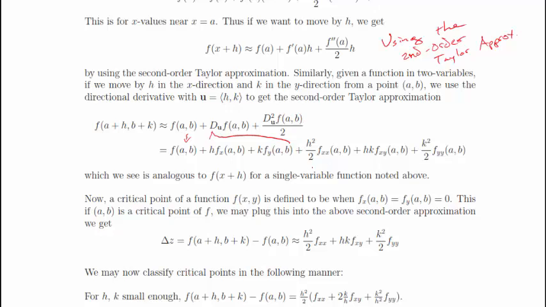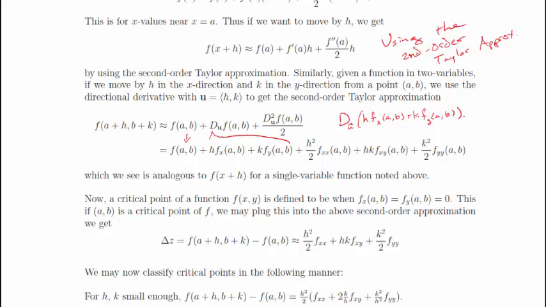And then if I want the second derivative in the direction of u of f at the point a comma b, then we're going to take the derivative of what we already have here, where h and k are constant. So let's see, we're doing the derivative in the direction of u of h f sub x at a comma b plus k f sub y at a comma b.